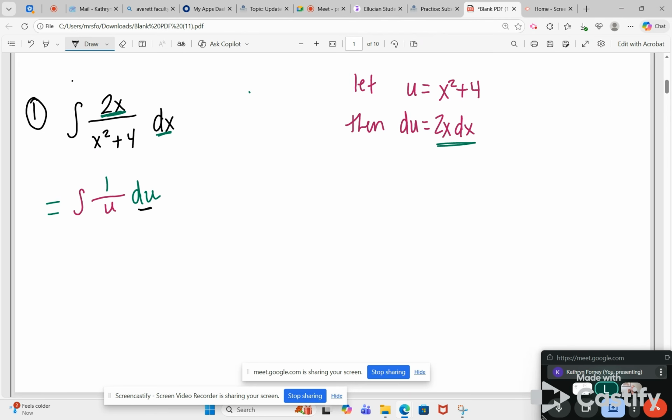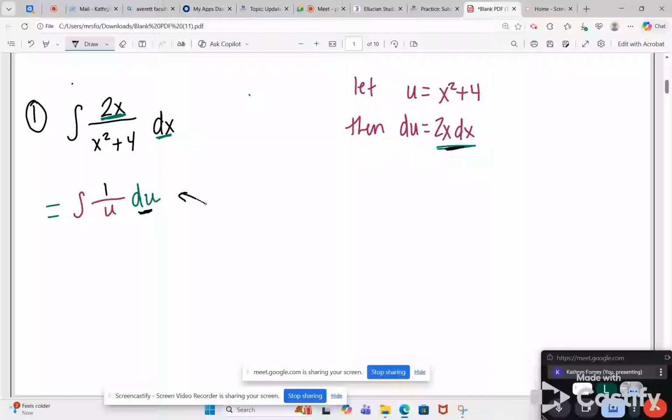So I had nothing on top of this. You can't just leave it empty, so I put a 1. All right. So from here, now we take the antiderivative.